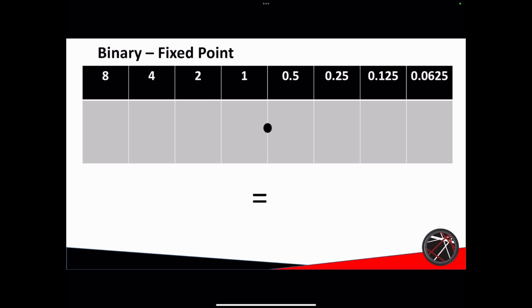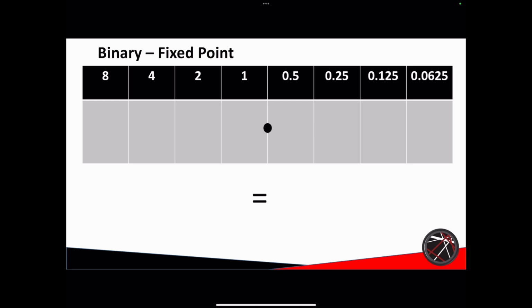Our next thing that we want to be able to represent in binary is decimal places. It's using exactly the same principle really as before, where we're just turning on a bit and therefore that number is represented. But what's significant about this is we've got the point where we go into the decimal places.